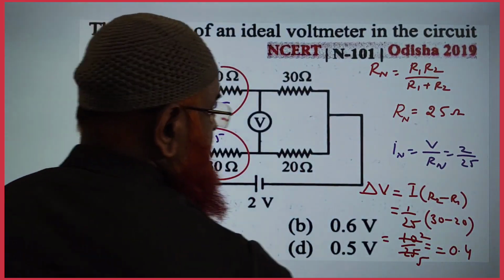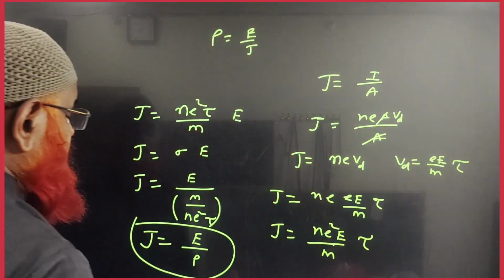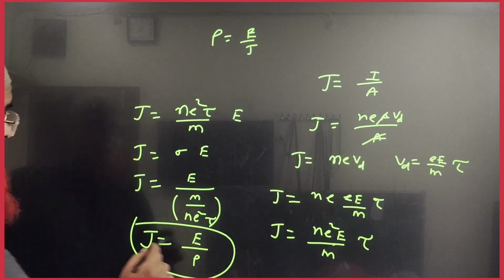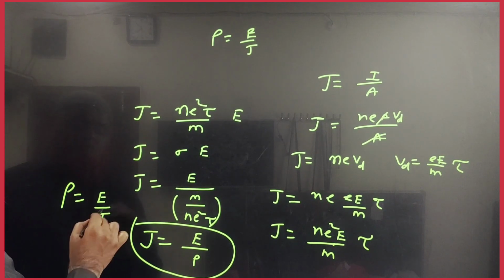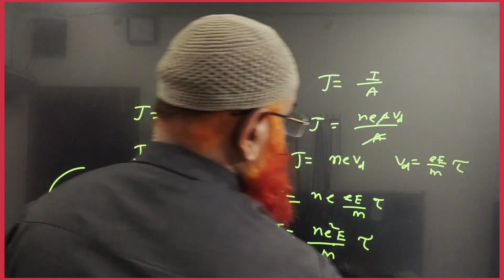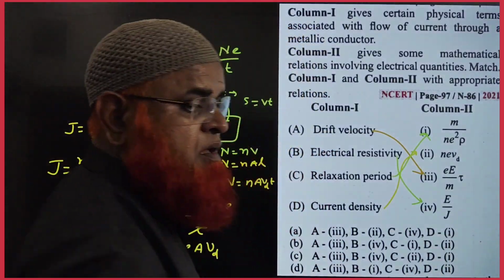We have to prove that electrical resistivity is E by J. So as J is equal to E by rho, rho can be taken as E by J. That's it, so your four options are proved here. Thank you very much.